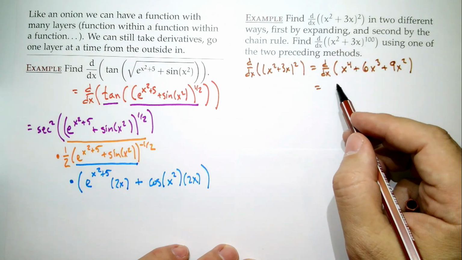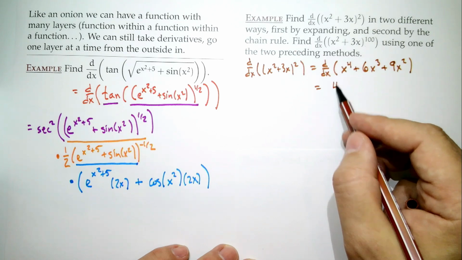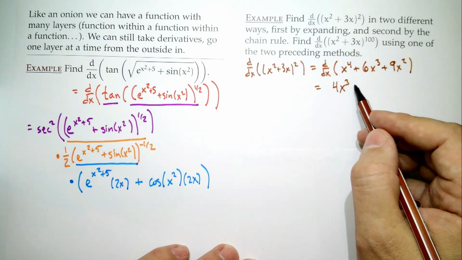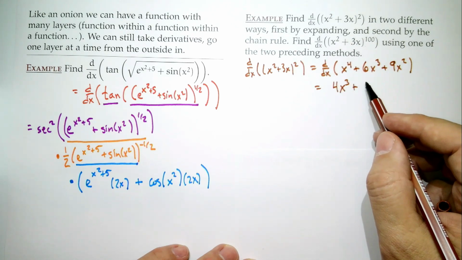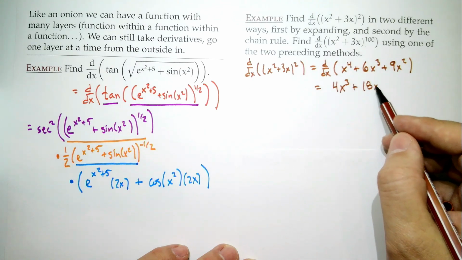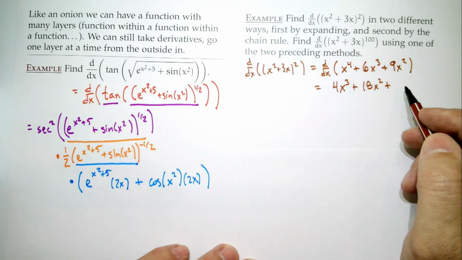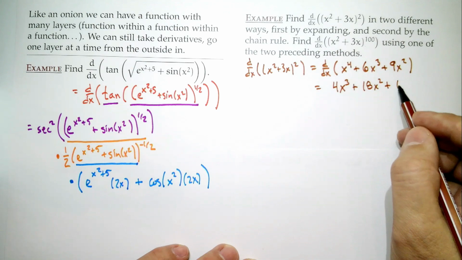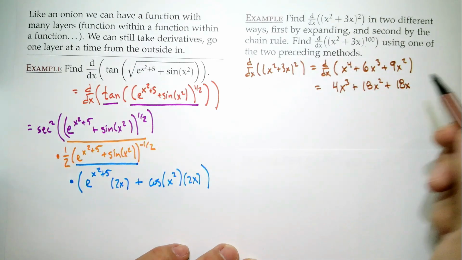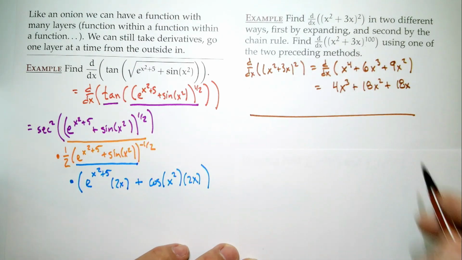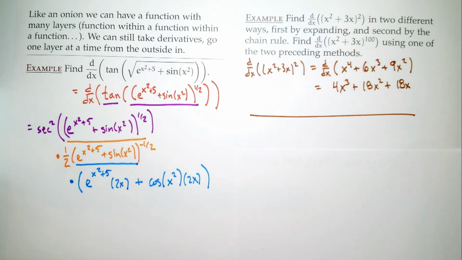So the derivative of x to the fourth is 4x cubed, the derivative of 6x cubed is 18x squared, and the derivative of 9x squared is 18x.